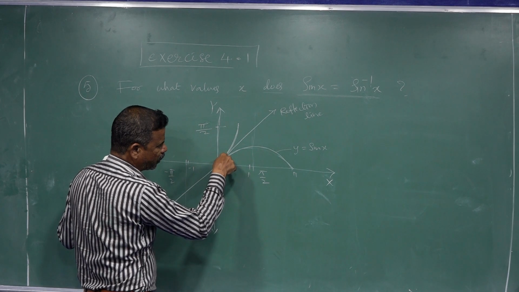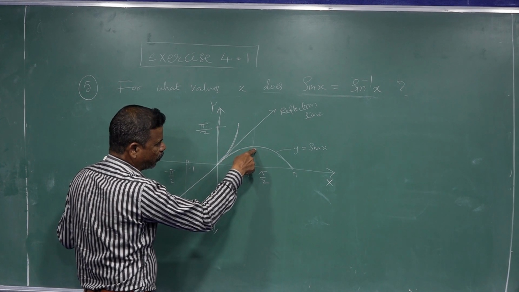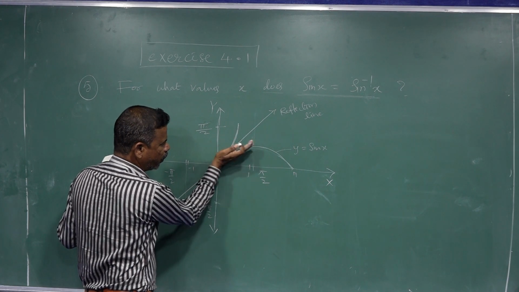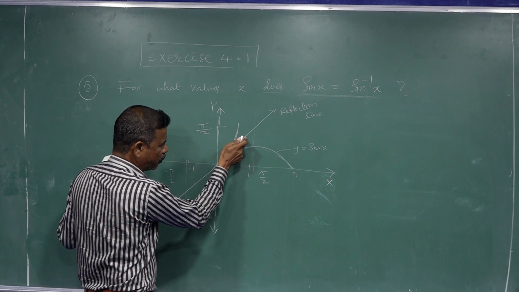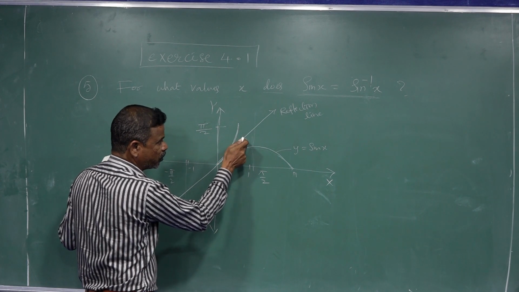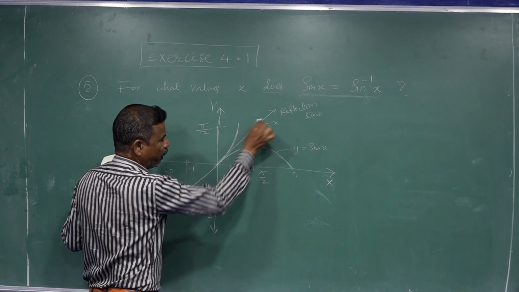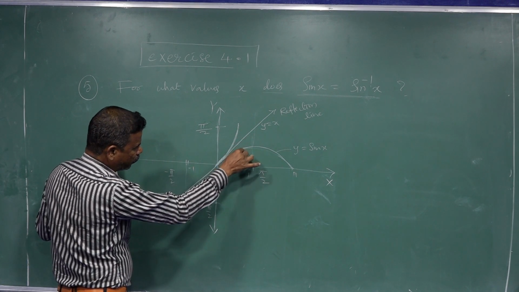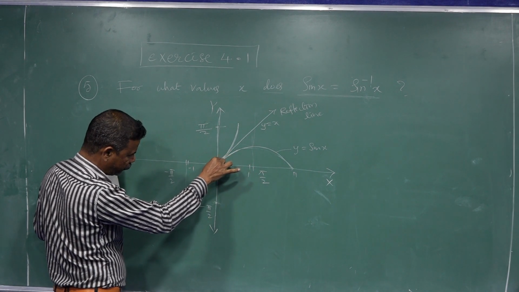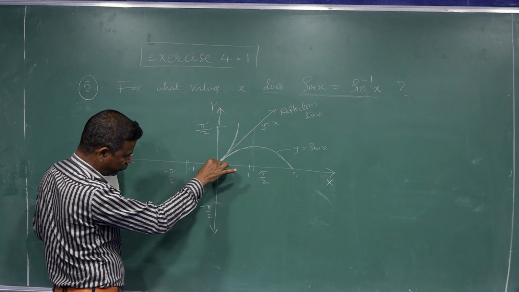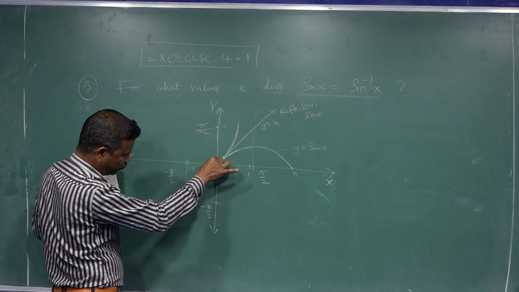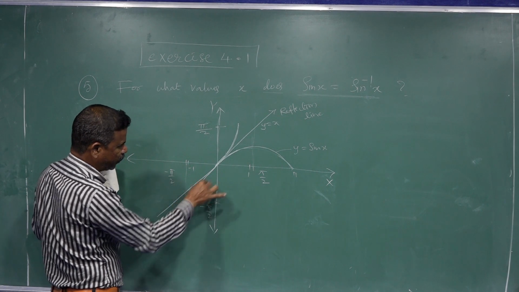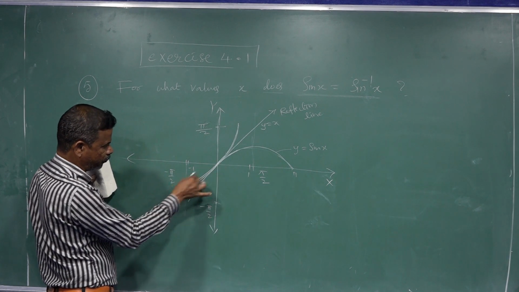Exactly this graph is the reflection of this one about the line y is equal to x. This above, this below, similar about the y is equal to x line. So this is how it will come, like this.